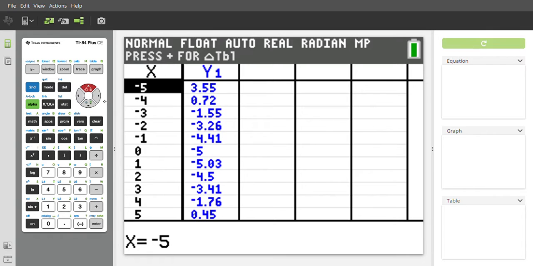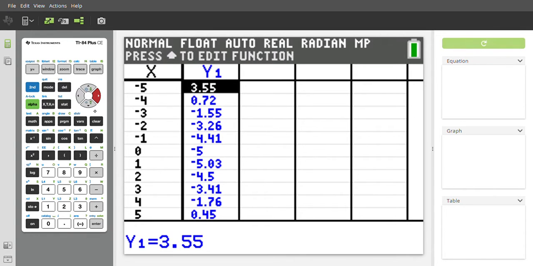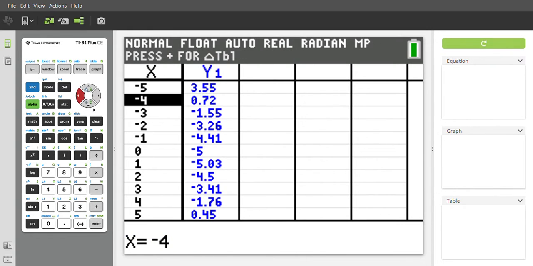If we look at the table, we're not going to find those zeros, but we are going to find y values that change from being positive to being negative. And that indicates that we passed through the number 0 somewhere between x equal -4 and x equal -3. And to remind you, one of our roots was -3.71.